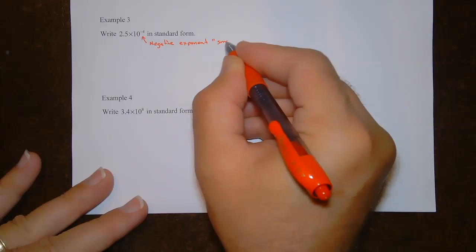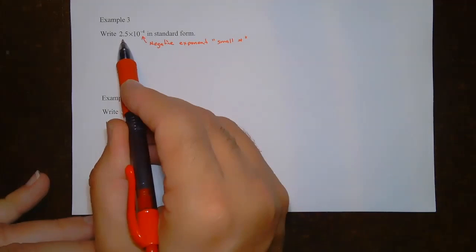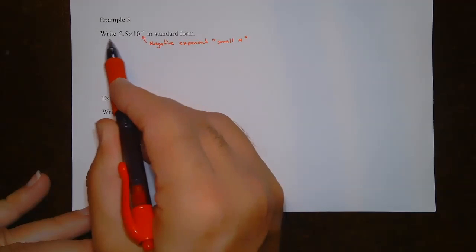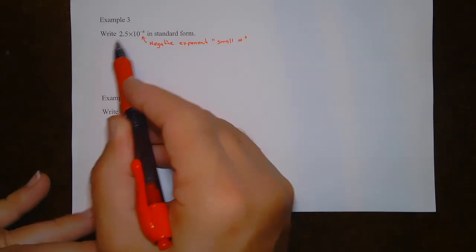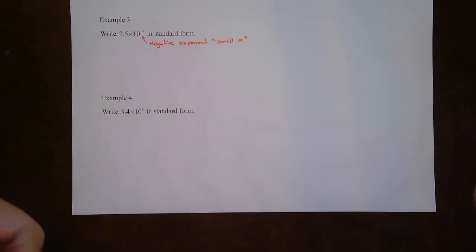Small number. Okay, to make 2.5 a small number, I'm going to need to move the decimal to the left to make it small. So that's what tells me I need to move it left, because I have a negative exponent and it's going to have to be small.